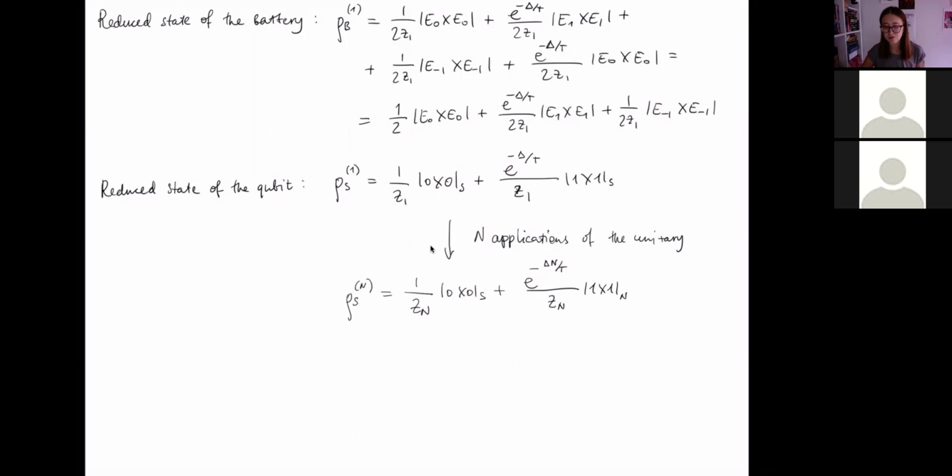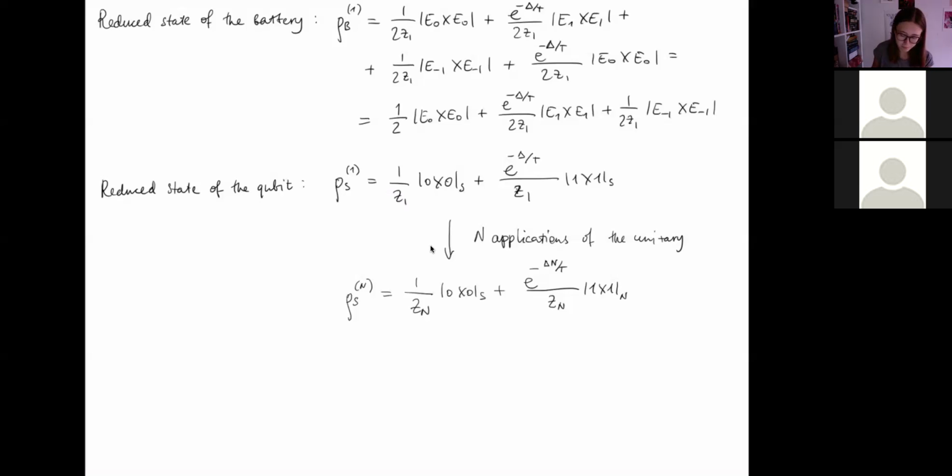And for this, you just need to sum over all probabilities of finding the system in the state EI0 for the 0 state and EI1 for the 1 state. And this can be done by induction at each step of this random walk.